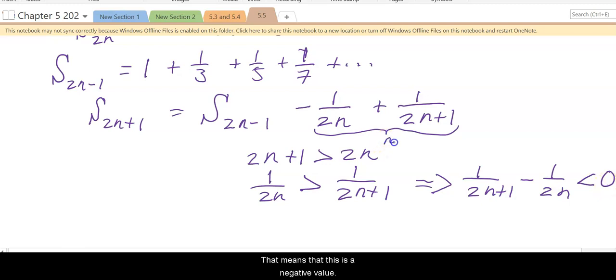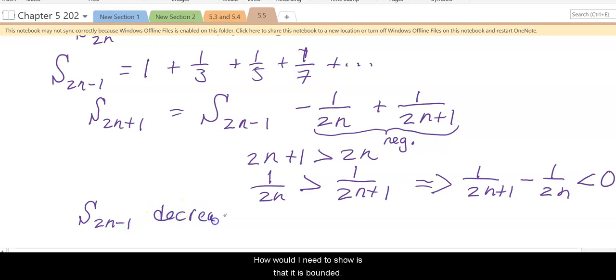That means that this is a negative value. That means that when I combine S sub 2n minus 1 with the negative, I must be ending up with something that is going down in value. This shows that S sub 2n minus 1 and S sub 2n plus 1 are decreasing sequences.